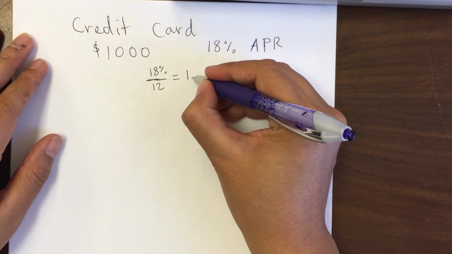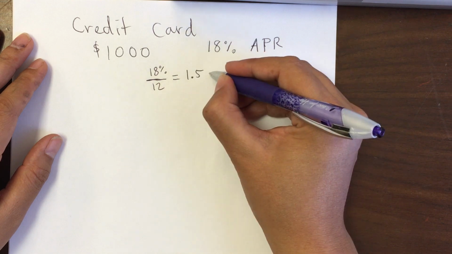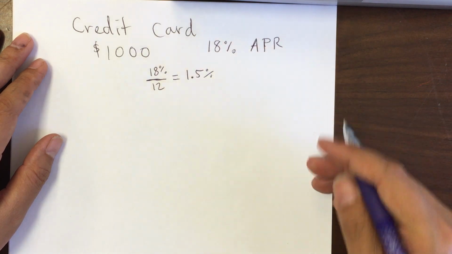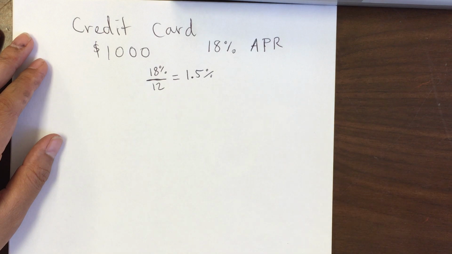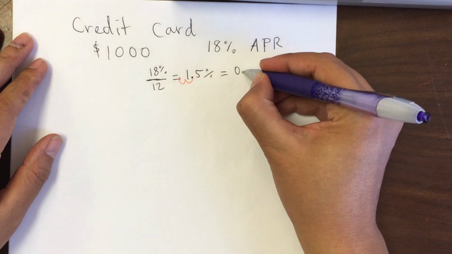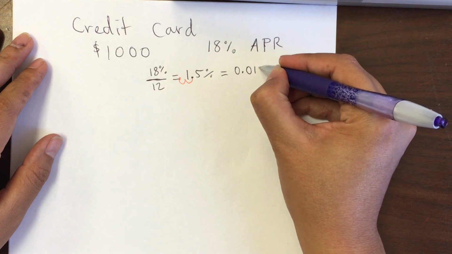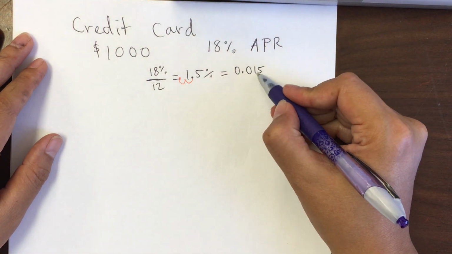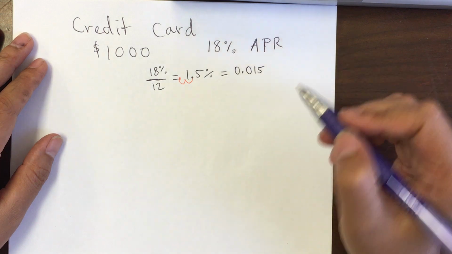And so that equals 1.5%. Each month I'm paying 1.5%. In decimal form, that equals 0.015. I just went 2 spaces back, all the time 2 spaces.